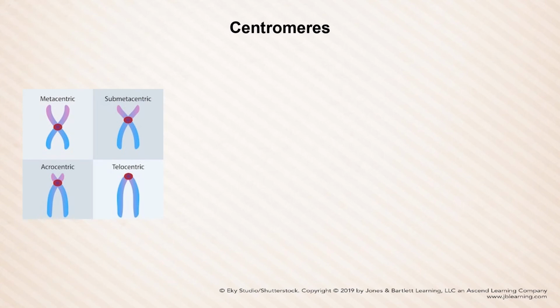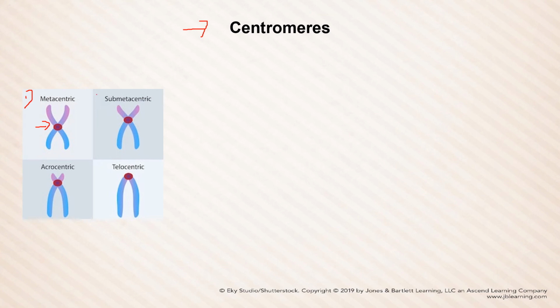Okay, so now let's talk about another way to classify the chromosomes. It's not by size, but by the location of the centromeres. First here you can see the metacentric, and in this schematic the centromere is located in the middle.